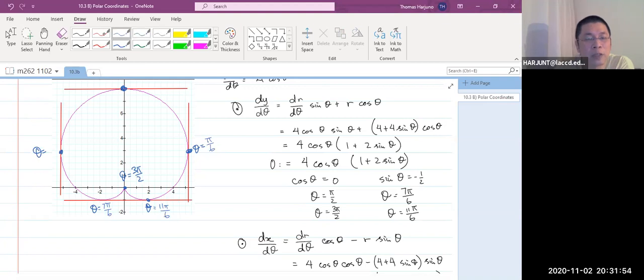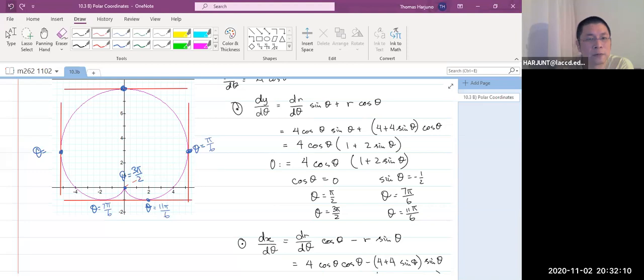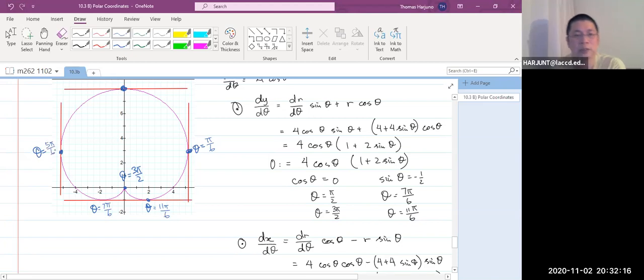When we say pi over 6, it refers to this angle here. That angle there is 30 degrees. And this is 5 pi over 6.